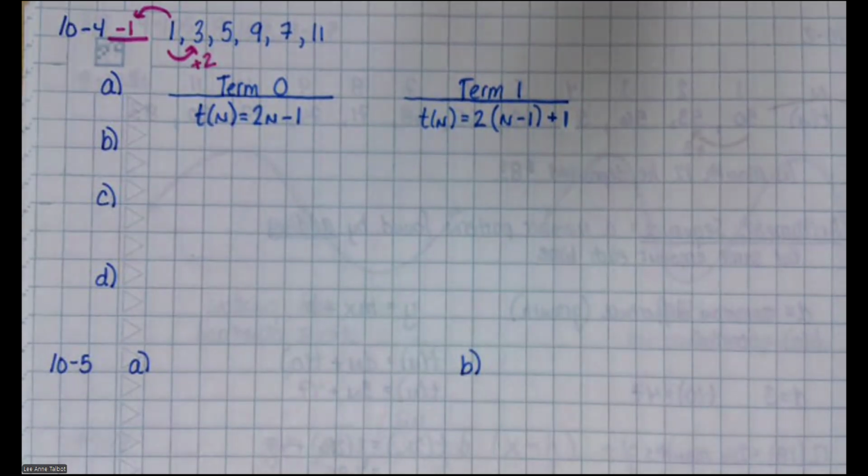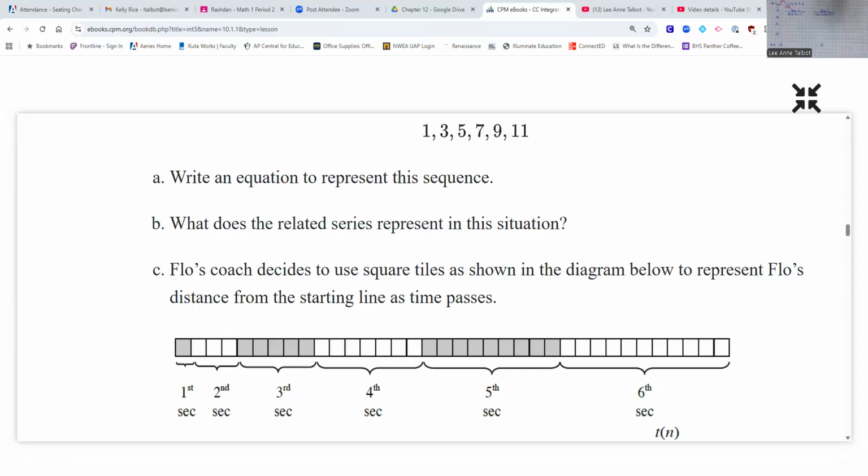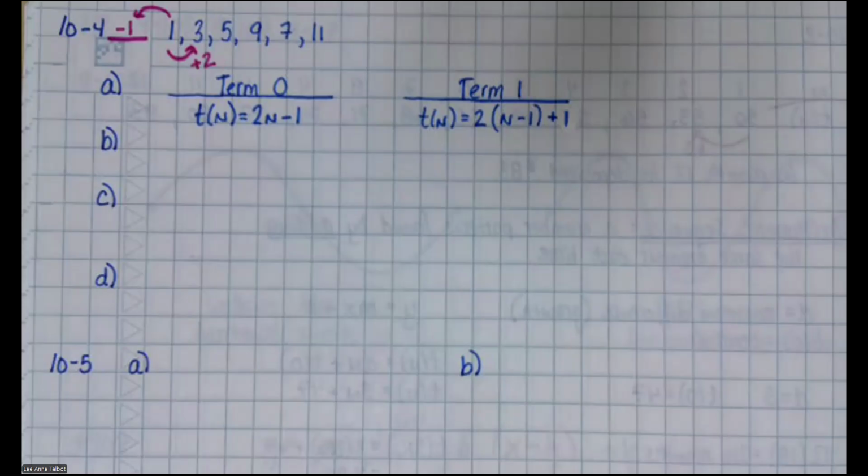Okay, now B. B says, what does the related series, they changed up the vocab word on you because this said sequence. Now it says, what does the related series represent in this situation? What is a series?